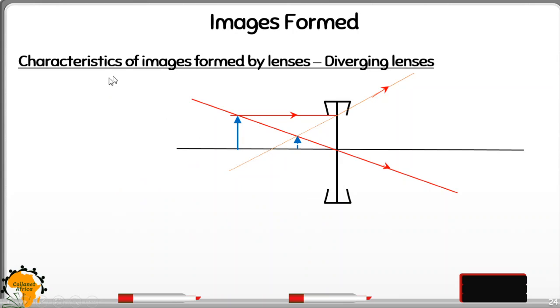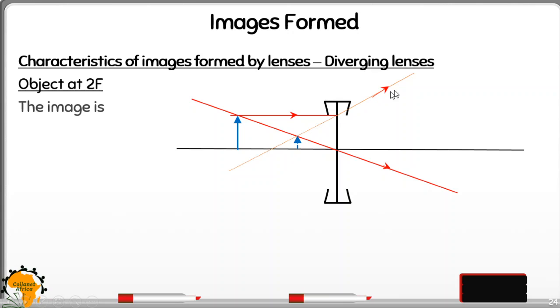We move to characteristics of images formed by lenses, and in this case we consider the concave or the diverging lens. We have the first case where we are putting our object at twice F. Now if we use our rays the way we've been doing, we have a ray that is parallel and close to the principal axis.